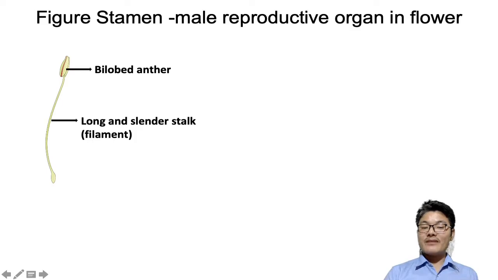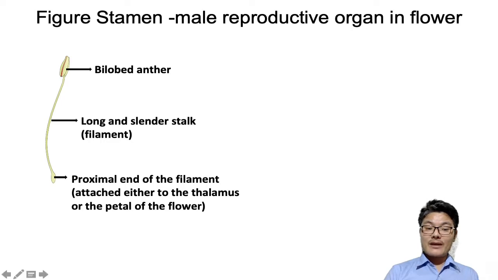The term filament itself says that the stalk is thin. Usually filament refers to a hair-like structure. The base part is the proximal end of the filament. Proximal here refers to the site or area of growth of the entire stamen.